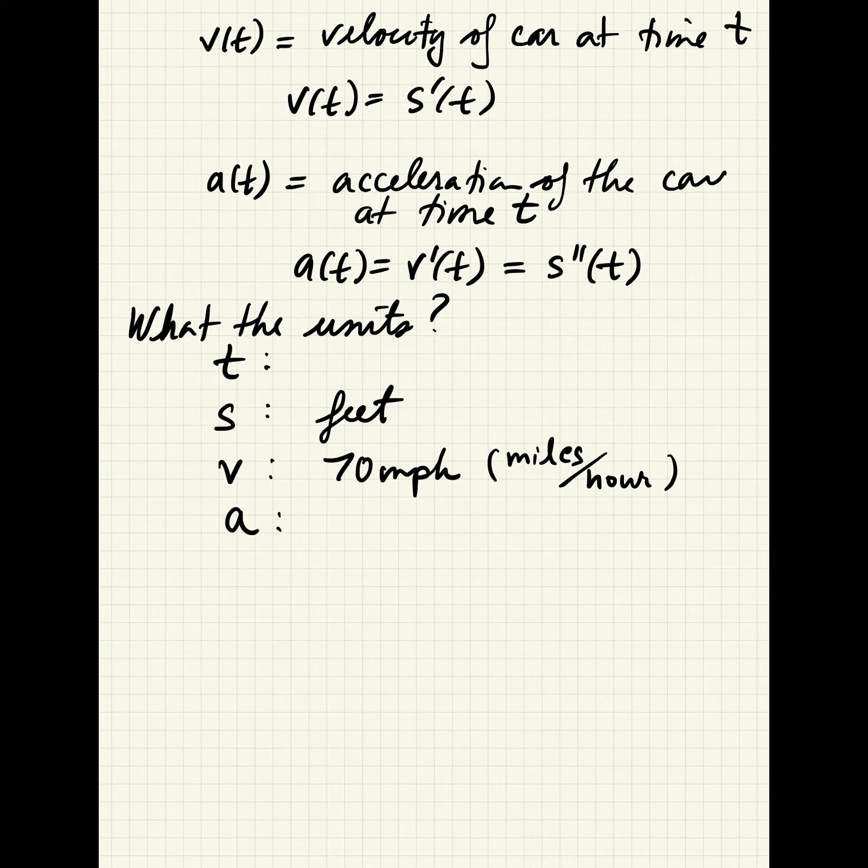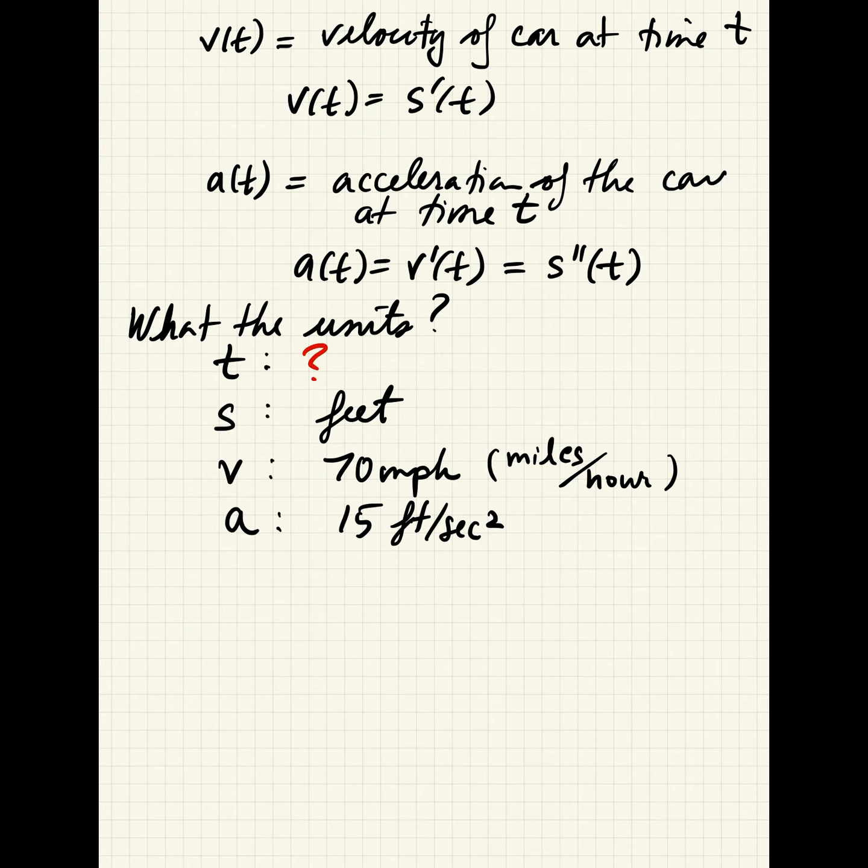The animal was 350 to 375 feet ahead of the car when the driver slams on the brakes. And then the other unit is acceleration, given in feet per second squared. So we have to decide what units we want to keep, and if there is anything we want to change. Nothing was said about t.